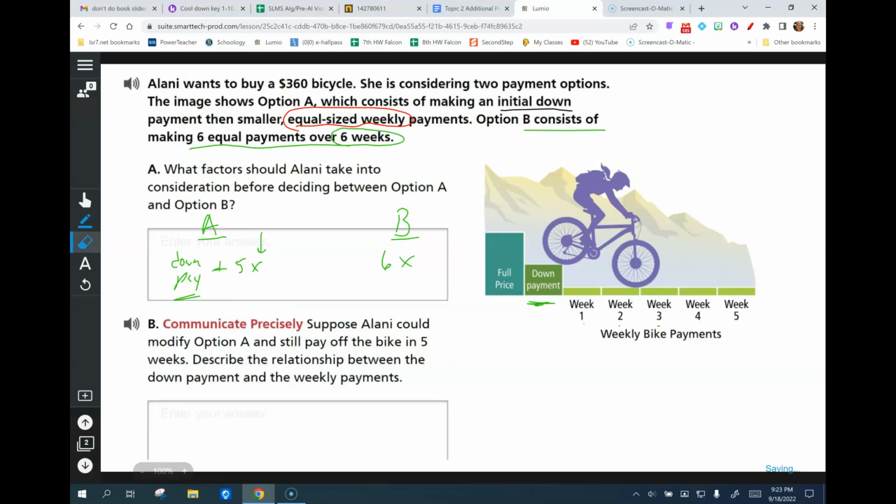Okay, so if she wants to pay off the bike in 5 weeks, then she'd have to alter the down payment too, or maybe she doesn't make a down payment, so then each payment would increase. So you could say lots of different things there. This one and this one, they affect each other. They both are dependent on what the other one is doing. Good. Let's go to the next page.